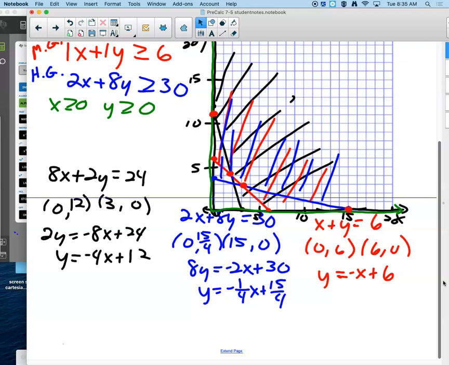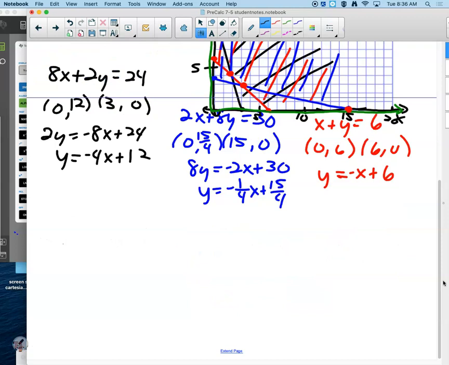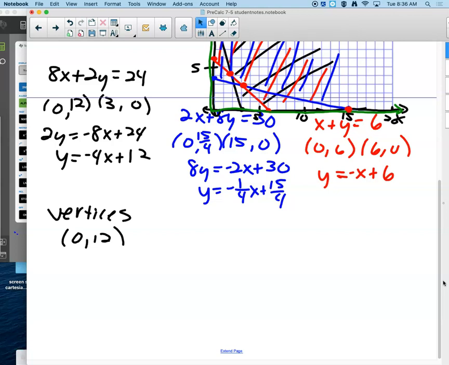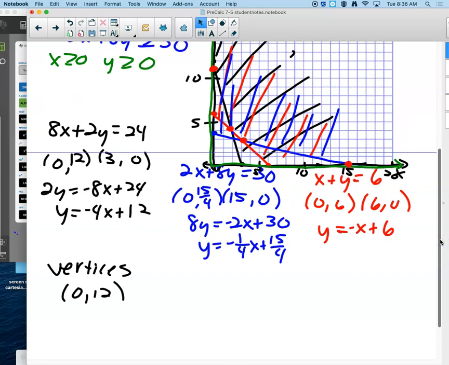Now, two of the vertices we can get without the calculator, and that's because they ended up being our x and y intercepts as we go through this graph. We've got the black graph right here up at the top, and that was going to be 0, 12, so that's one of the vertices. And then the blue out here at 15, 0.